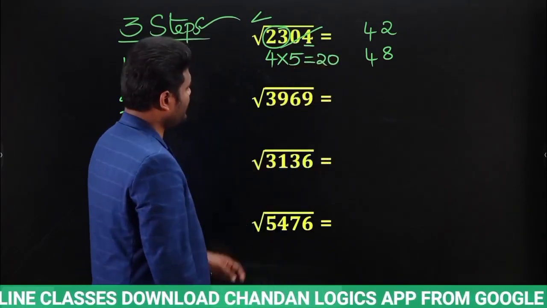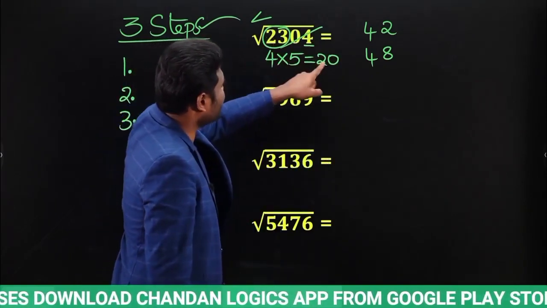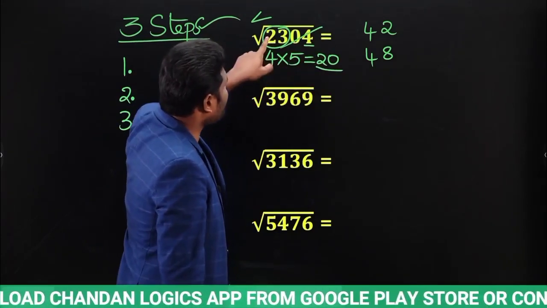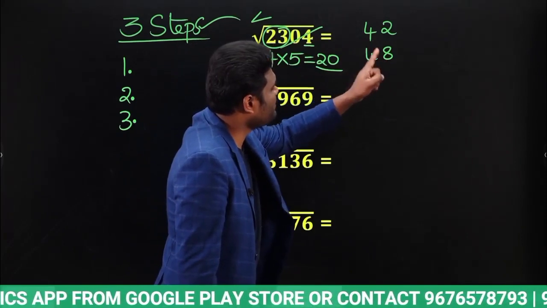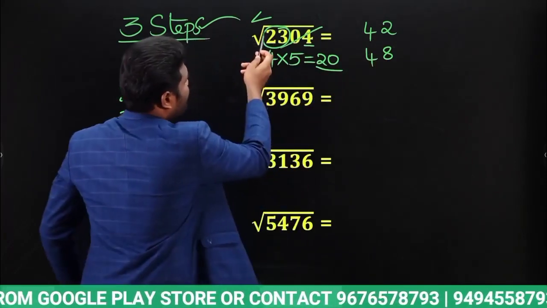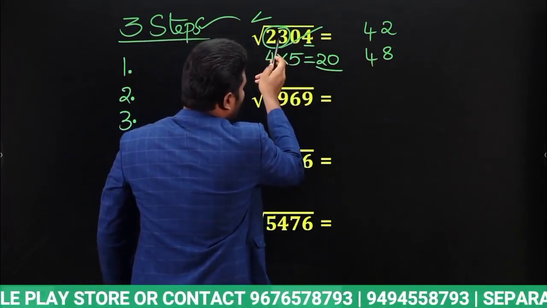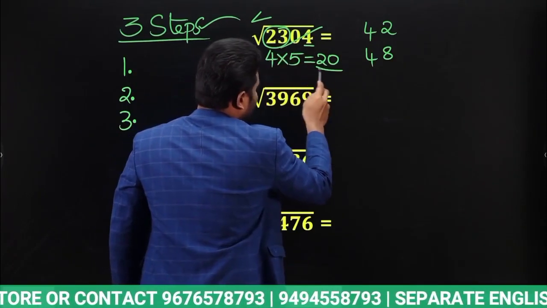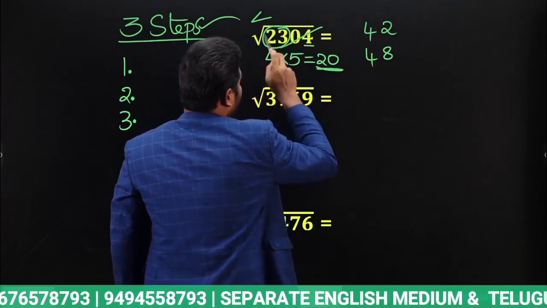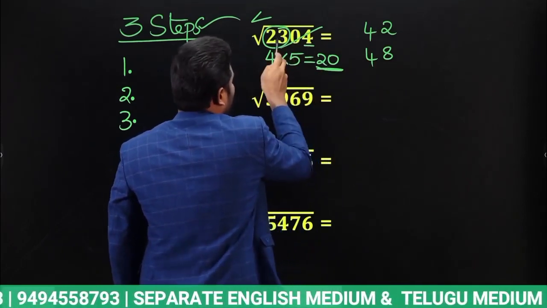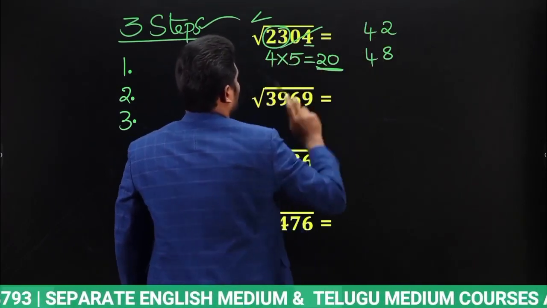Now, if our number is less than this number, then our value should be a smaller value. If our number is bigger than this value, then our square should be a bigger square. If our value is less than this value, then our square should be a smaller square.